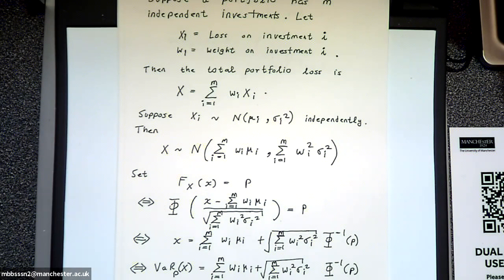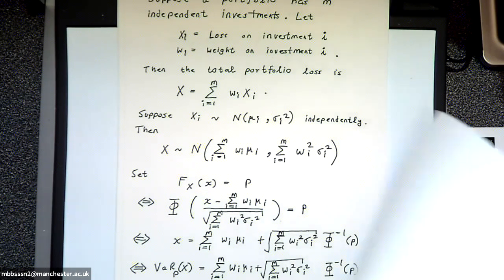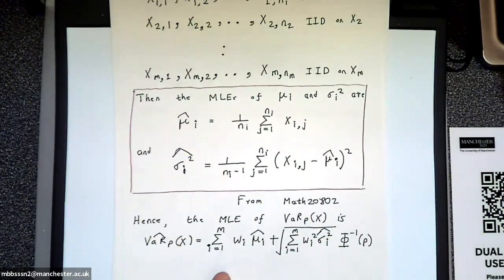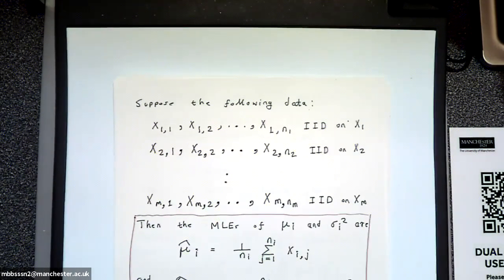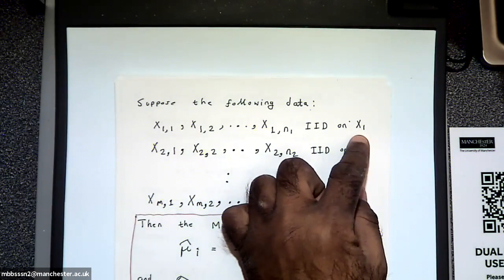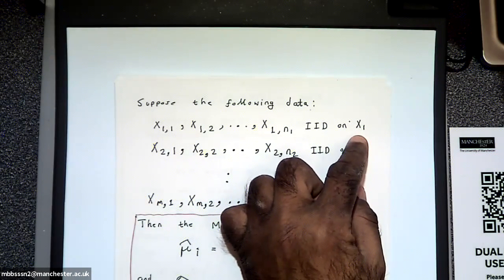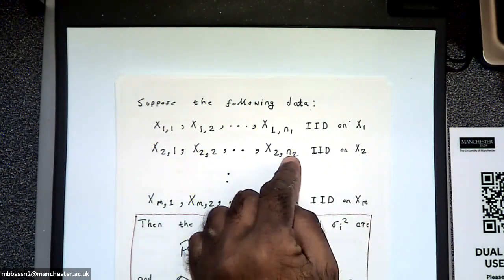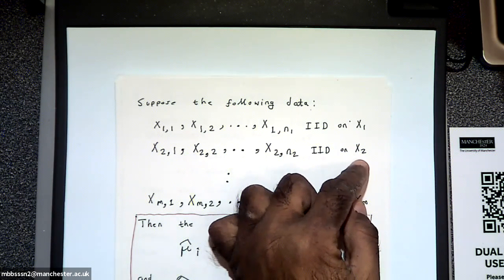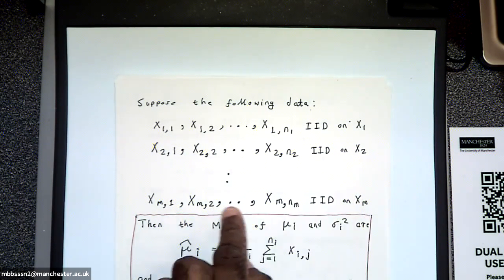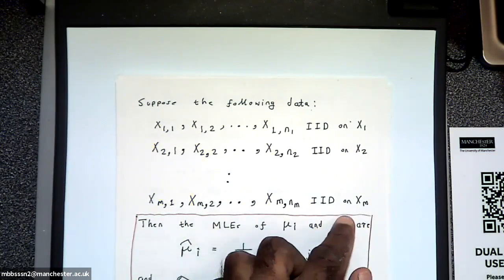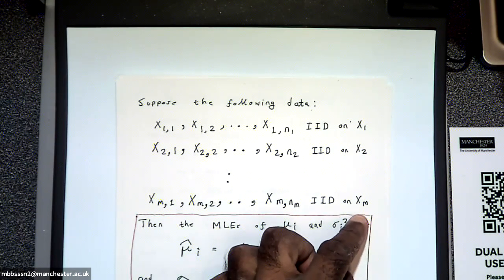Right, now suppose you have the following data. I'm going slowly in case. Suppose you have this data on X1, which is the loss on the first investment. Suppose you have this data on X2, the loss on the second investment. Suppose you have this data on XM, which is the loss on the Mth investment.